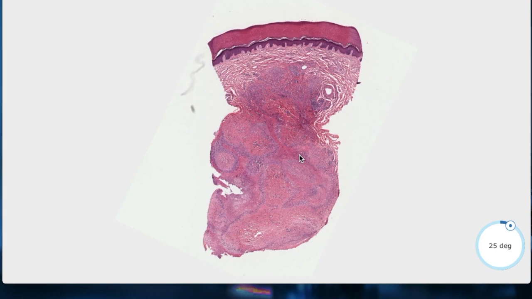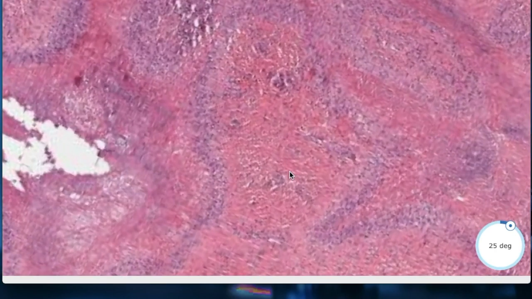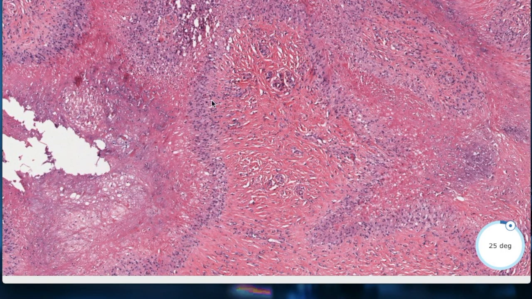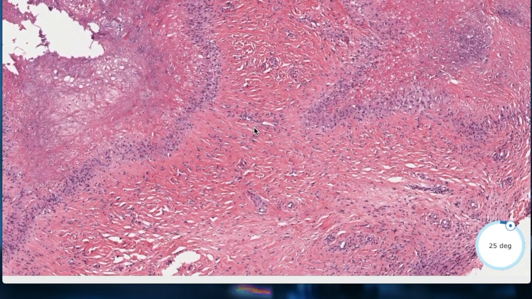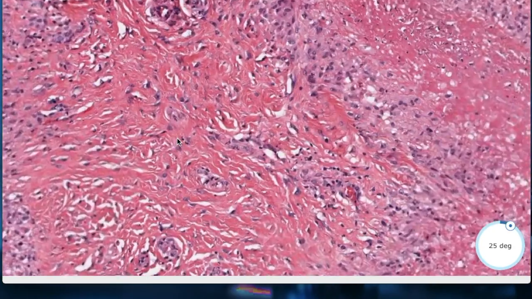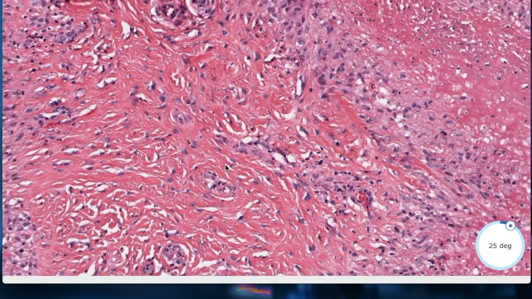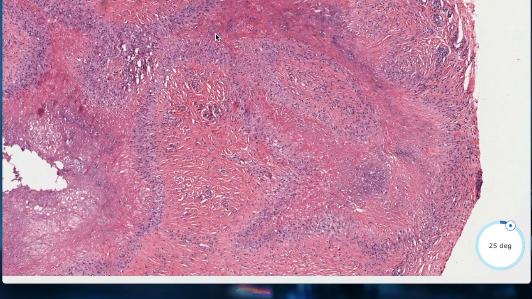And if we go on high power, you start seeing there is a palisaded area of lymphocytes that is surrounding this necrosis of collagen. So if you go on high power, all this necrobiotic collagen is surrounded by this palisading area of lymphocytes.